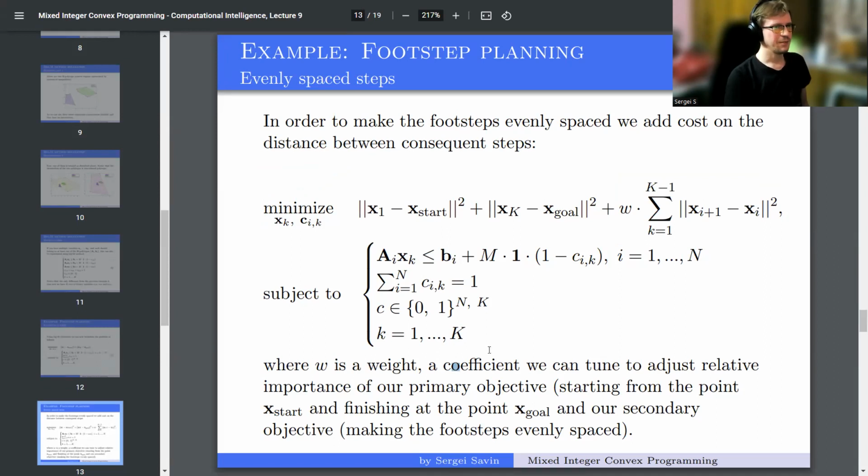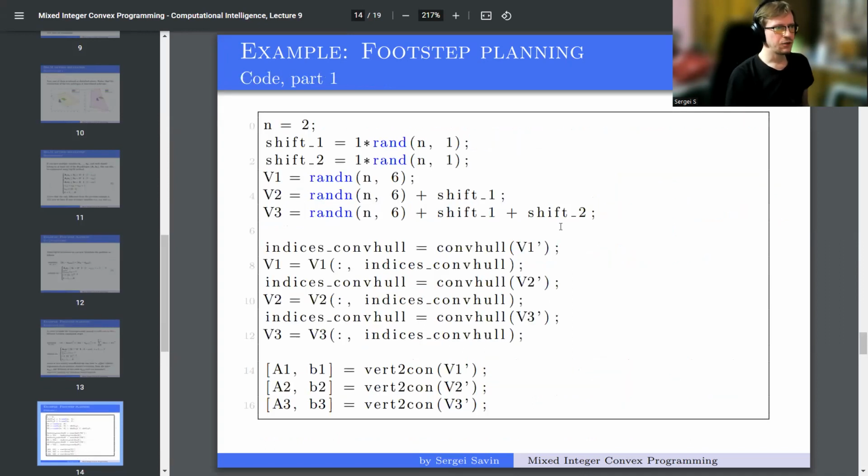So this part is just for uniformity of the steps. Otherwise, all your steps will be at the start, because why not? Now, this is how you can code it. The slides contain a code example. This is just me generating random regions.